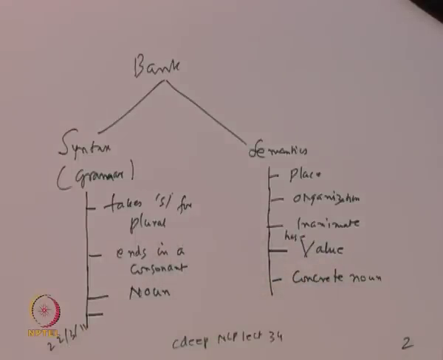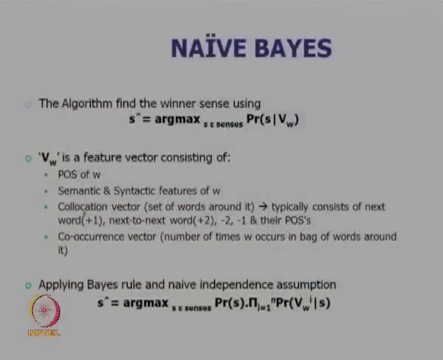Let us proceed with other feature descriptions. Collocation vector, okay, set of words around it typically consists of next word, next to next word, previous word, previous to previous word, and their parts of speech.